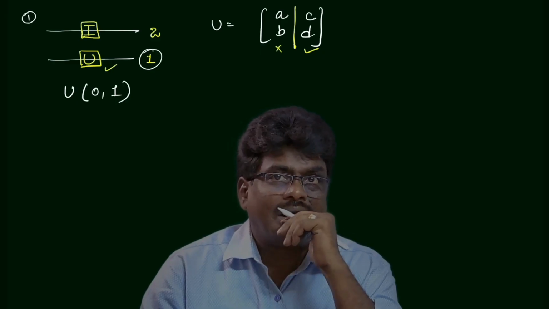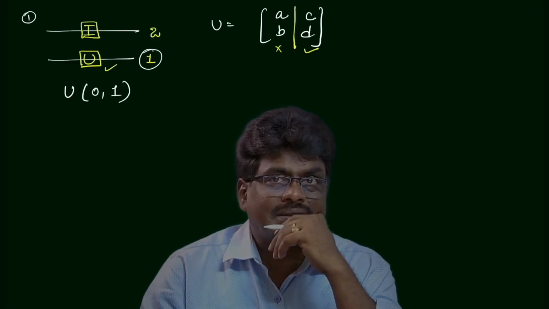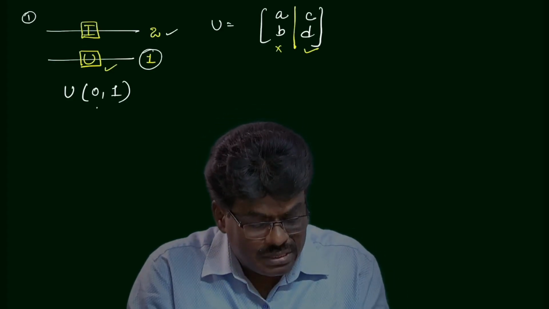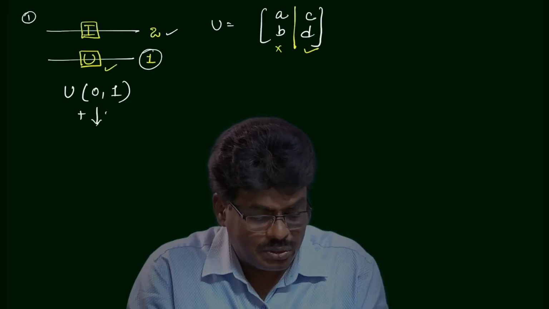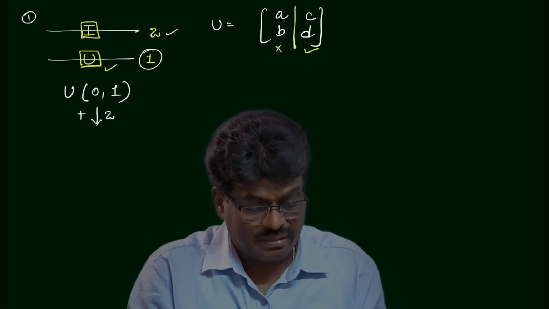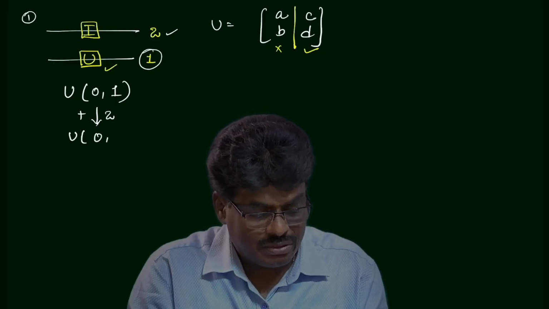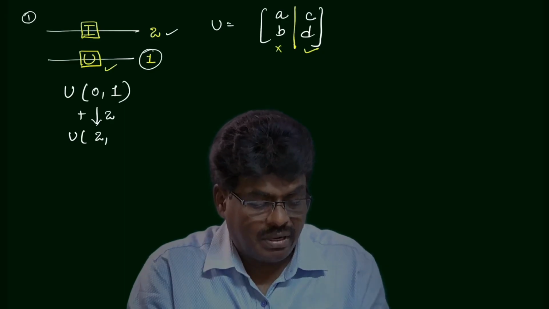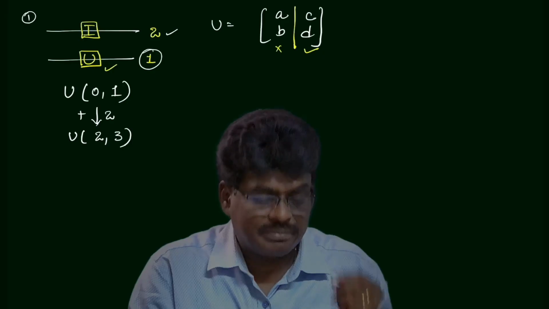And what about the other possibilities? Now see here you have another qubit with 2. You just add plus 2 to the above operation. That is U of 0 plus 2 is 2 and that 1 becomes 3.